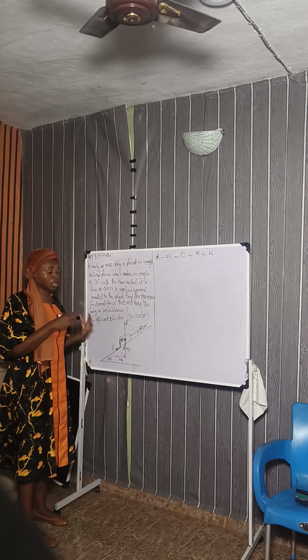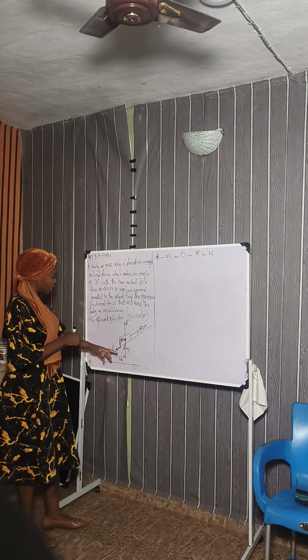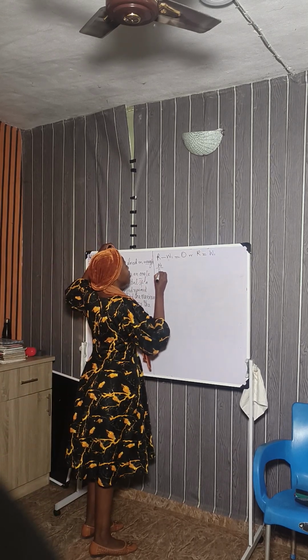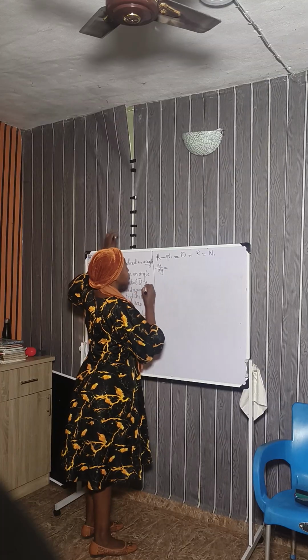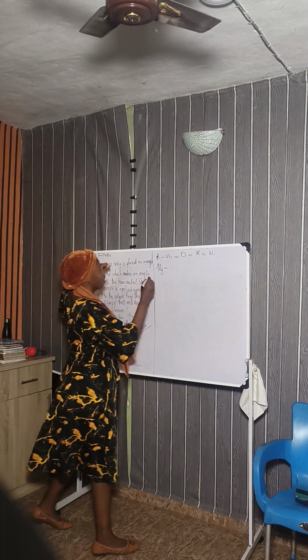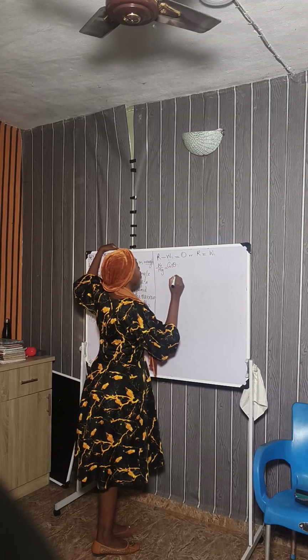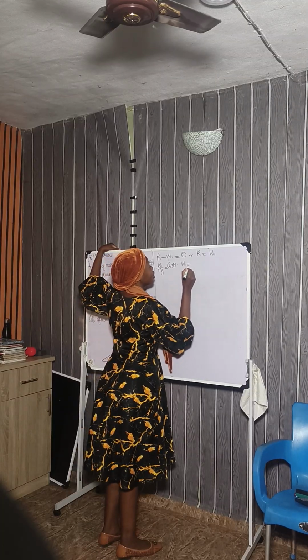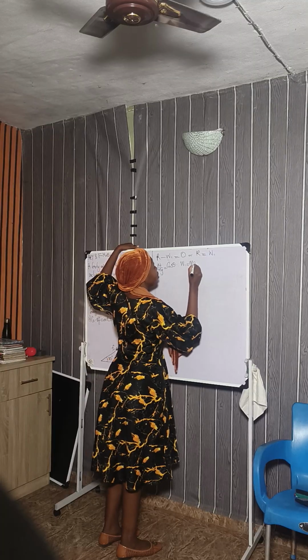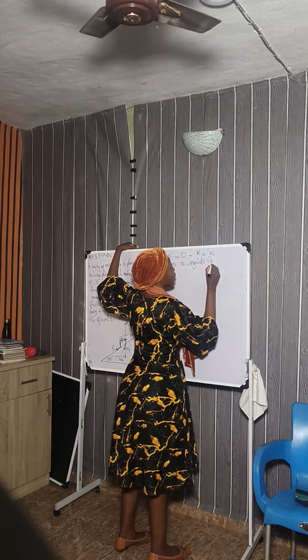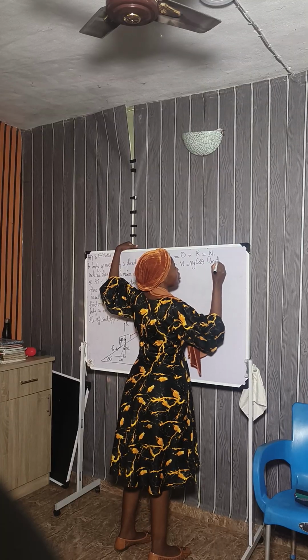Using the knowledge of trig ratio in mathematics, we could see here that W1 over mg is equal to cos theta. Therefore, W1 is equal to mg cos theta for a smooth surface.